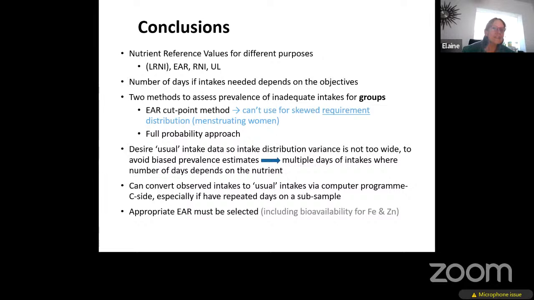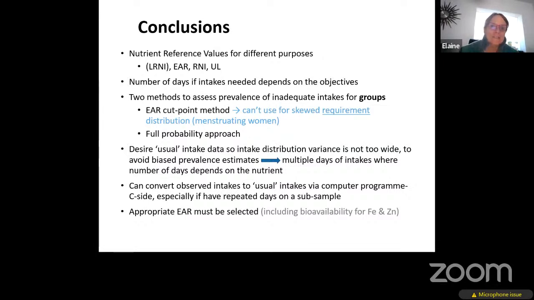The recommended nutrient intake and UL are used for institutional feeding, if we're feeding somebody, or a fortification program where the intakes are lying between that EAR and that UL. For an individual, of course, we're aiming to get their intakes at the recommended nutrient intake if we're doing diet counseling.